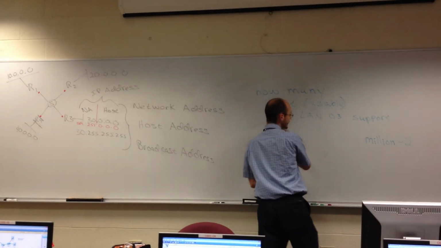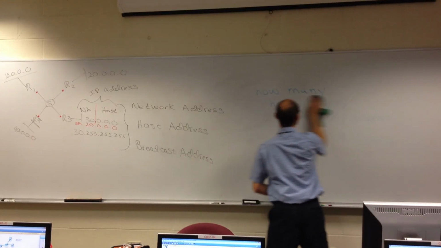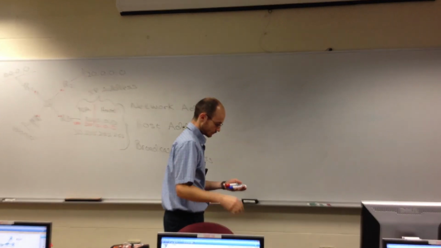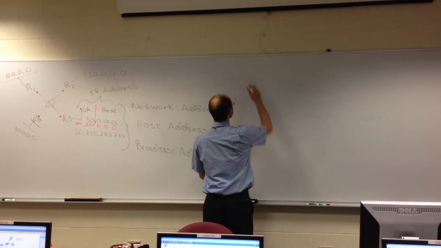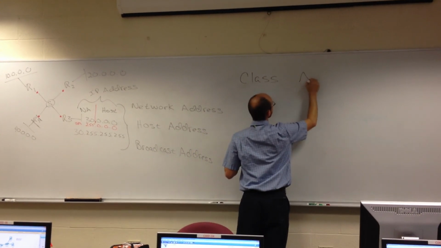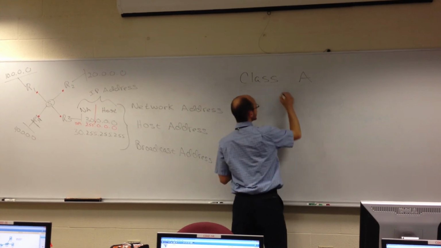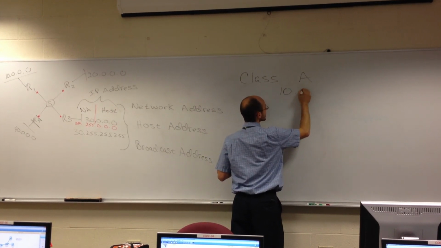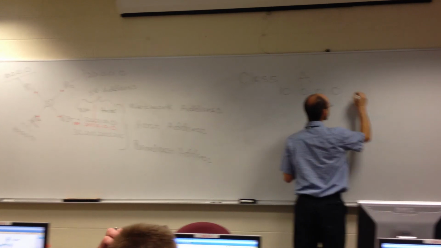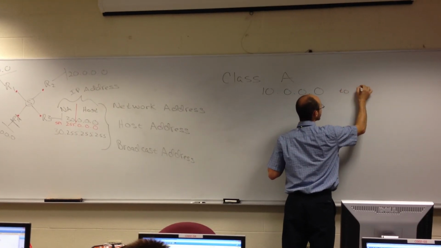Class A's private network address is going to be 10.0.0.0 all the way up to 10.